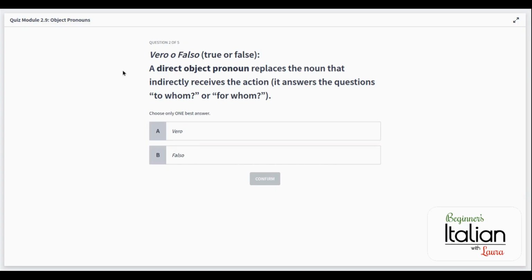Number 2, vero o falso, true or false? A direct object pronoun replaces the noun that indirectly receives the action. It answers the questions to whom or for whom. Choose only one best answer. A, vero, or B, falso.